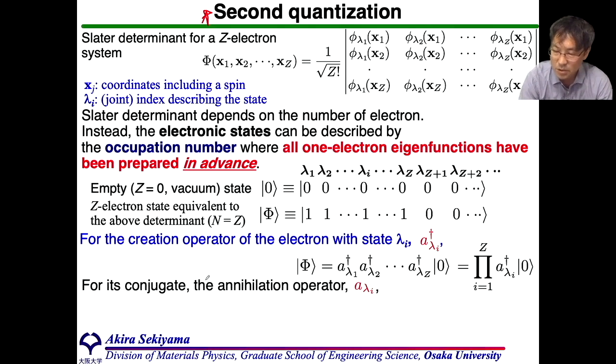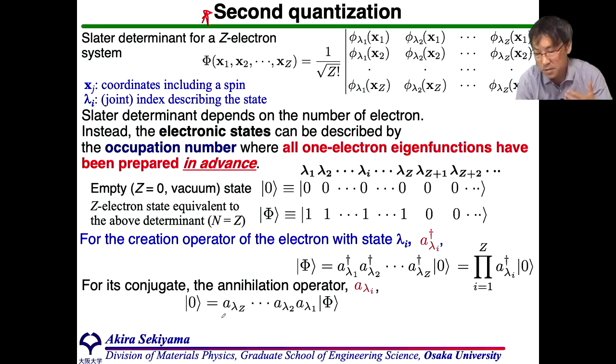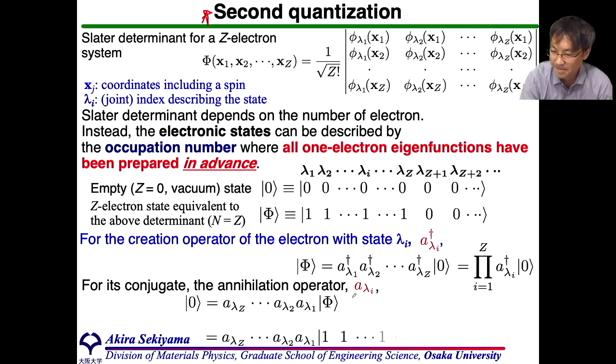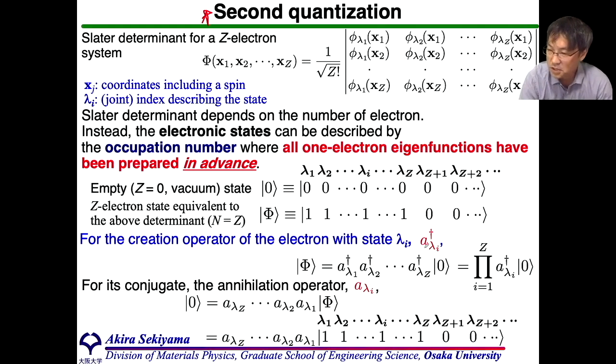Then we can also consider its conjugate, the annihilation operator of the electron, a lambda I. So the vacuum state can be expressed by using the state phi and the annihilation operator a, like this one. Okay. In the second quantization, a dagger and a are introduced.